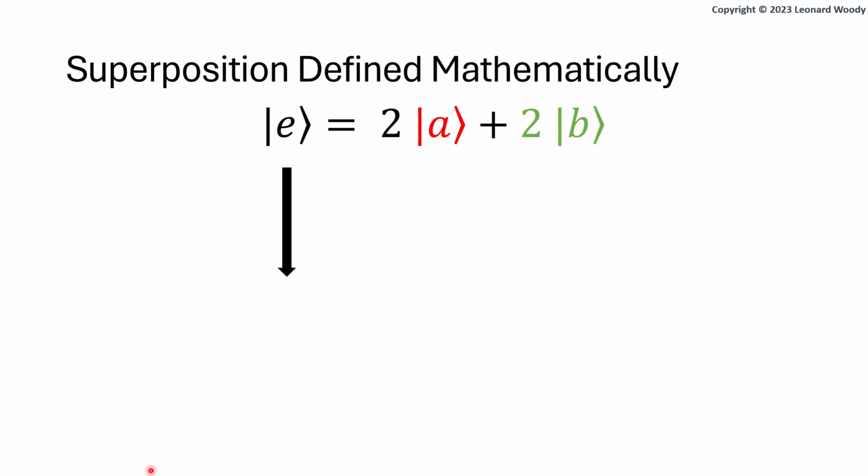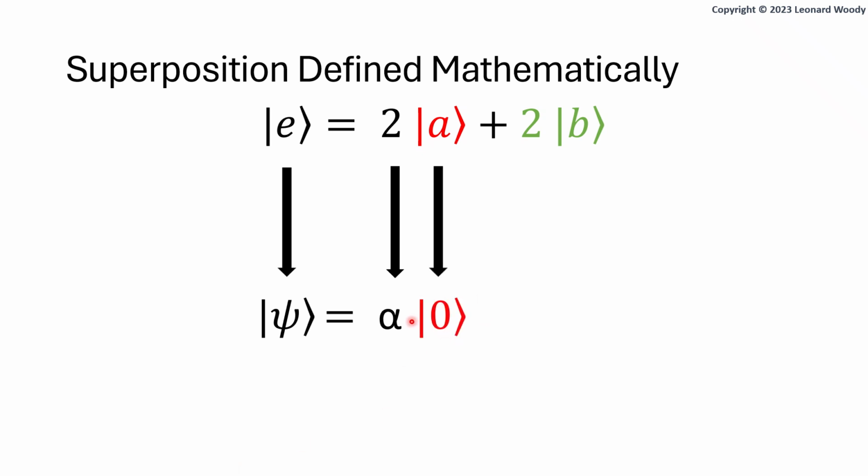If we take each component of this linear combination and say that this vector is psi, the state of a qubit, and then we take that scalar 2 and replace it with alpha, just a variable, and take A and replace it with our 0 vector, and then take the other 2 and replace it with beta, and our B vector we replace with a 1, this right here is a linear combination of the 0 vector and the 1 vector, the 0 state and the 1 state.